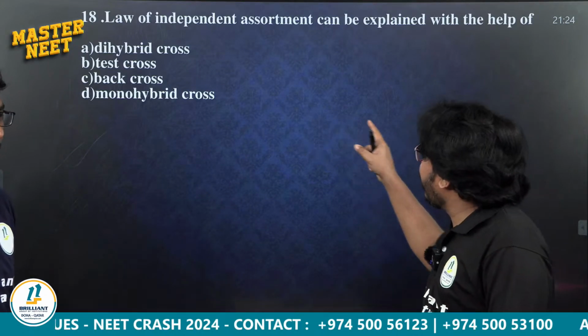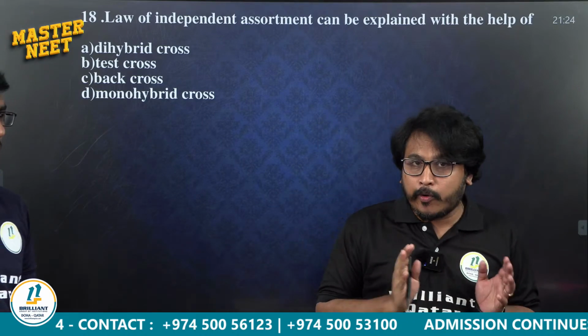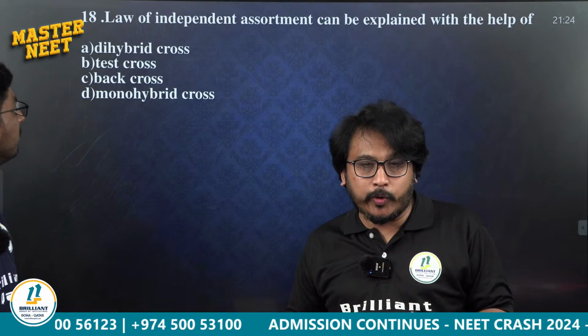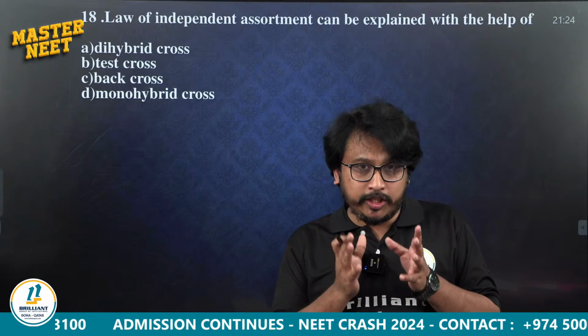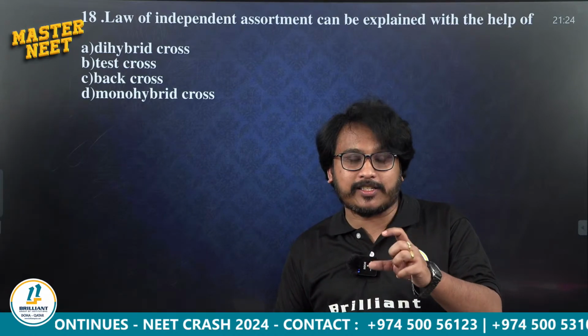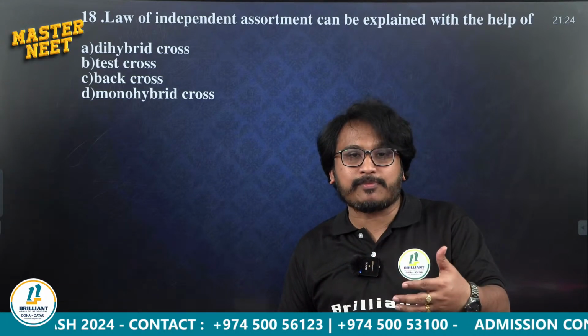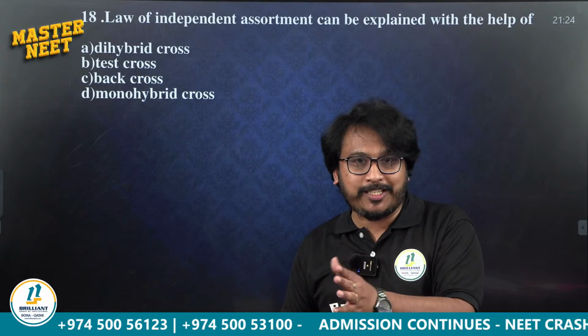Now, the law of independent assortment can be explained with the help of what? From the monohybrid experiment conducted by Gregor Johann Mendel, he explained two laws. The first is the law of dominance and the second is the law of segregation. According to the law of dominance, for every character there are two factors, one from father and one from mother. In the F1 generation, one is expressed and the other is suppressed. The one expressed is dominant, the one suppressed is recessive.